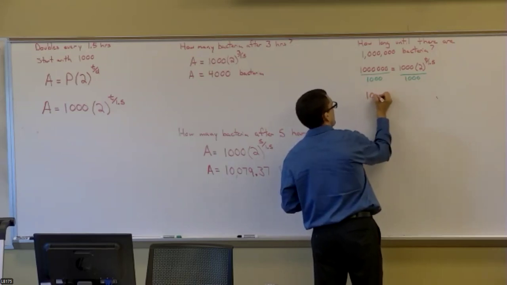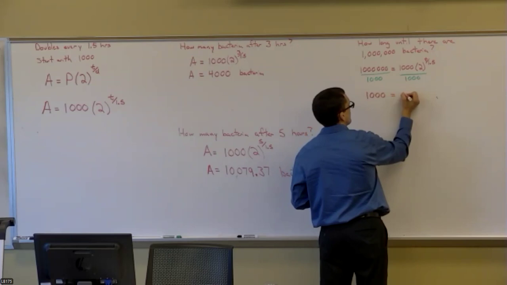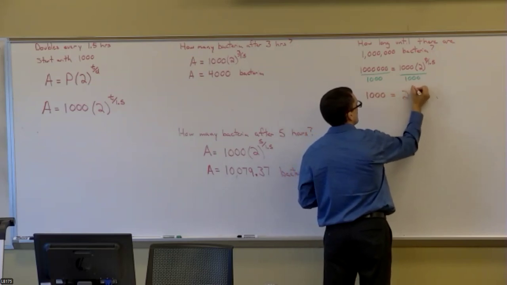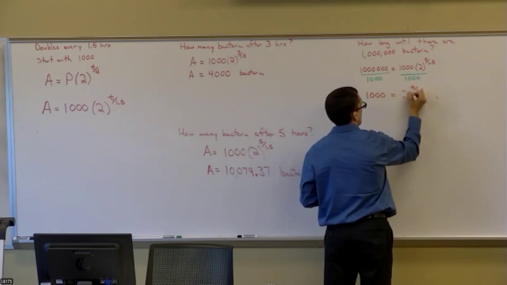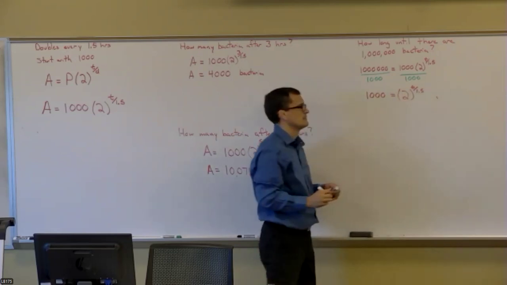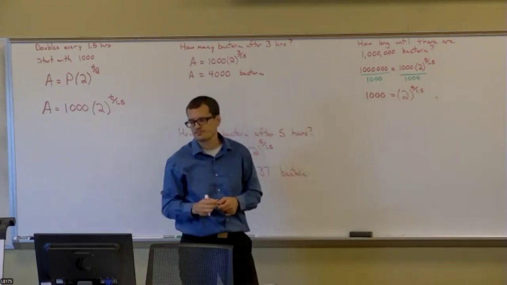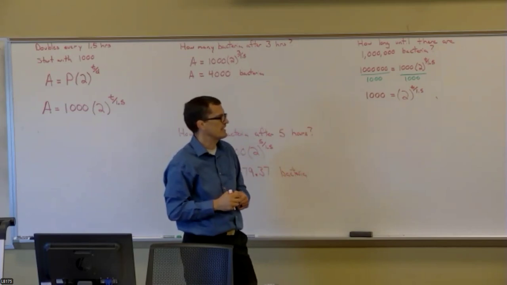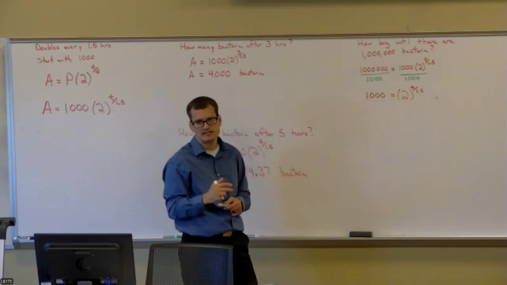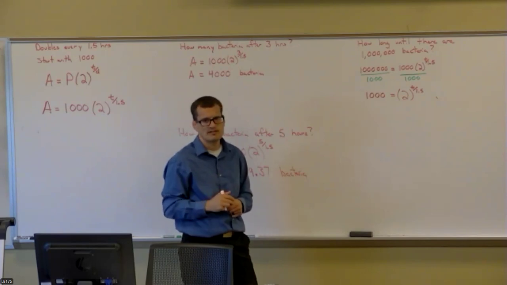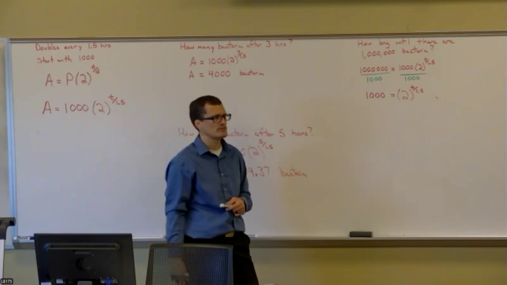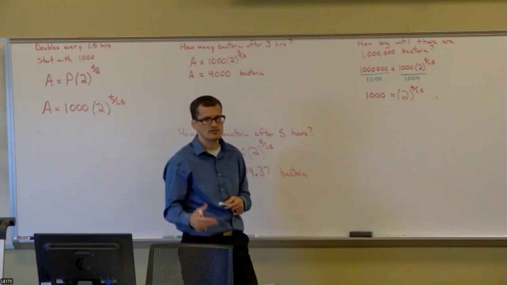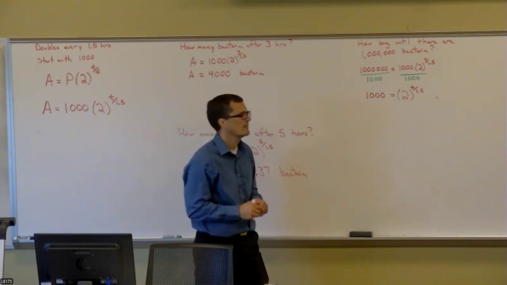And we get 1,000 is equal to 2 raised to that t over 1.5 power. Now that we have our exponential piece isolated, I can take natural log of both sides or log base 2 of both sides. Either way. I've been taking natural log of both sides for a lot. I've done that a few times.